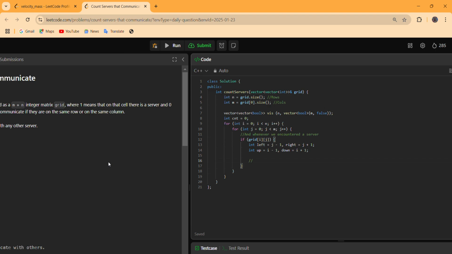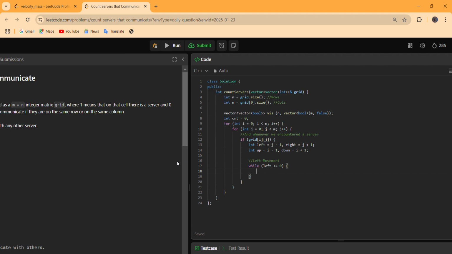Now we have to move leftwards for these coordinates. We move while left is in the range of the matrix. Left always has to be greater than or equal to 0, because we are moving in this direction, so it cannot have values less than 0.